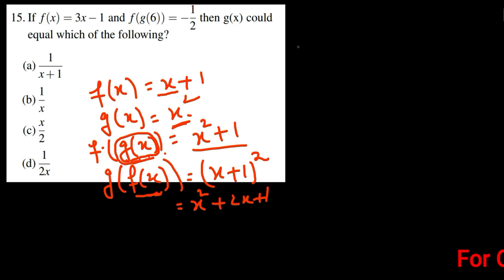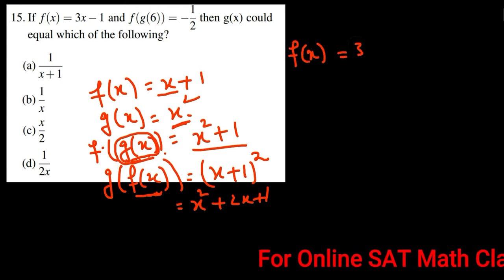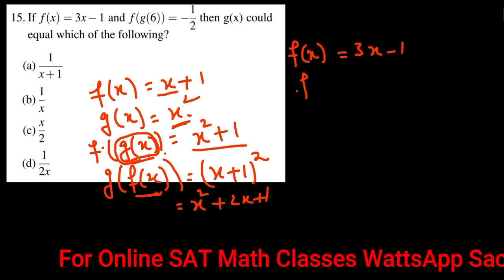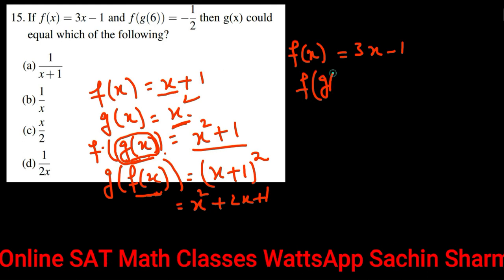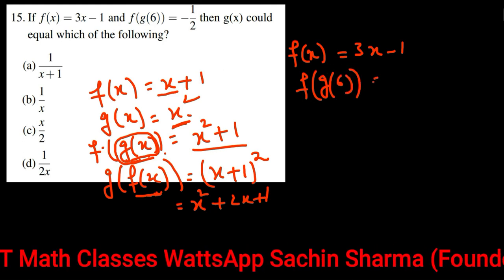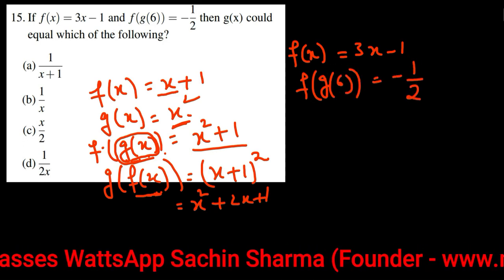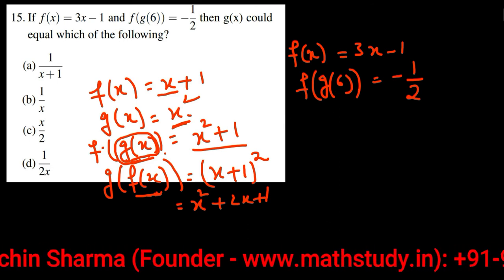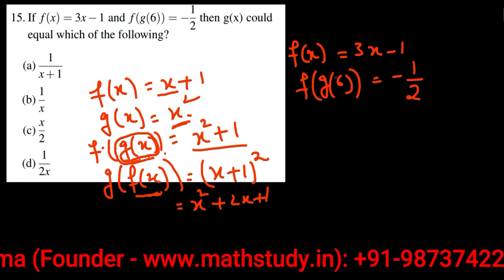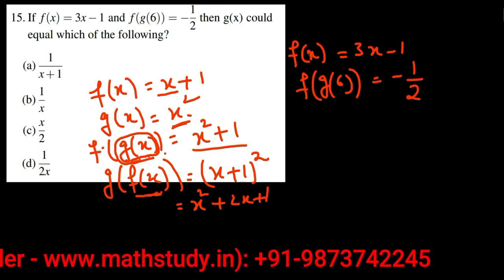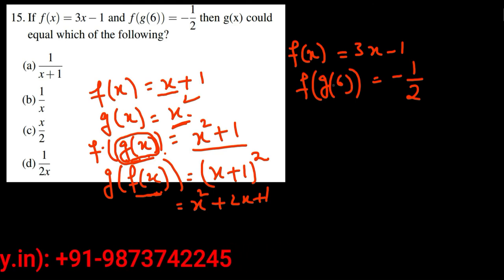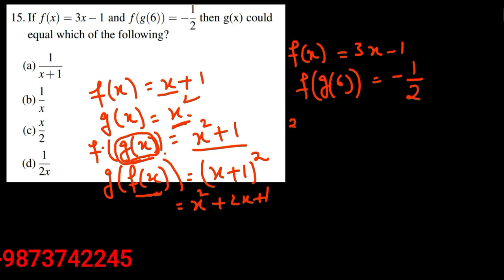Okay students, now let's move forward, and here we have f of x equals 3x minus 1. And here we have f of g of 6 is equal to minus half. So what we can do here: f of g of 6 means in place of x in f of x we can easily put g of 6.